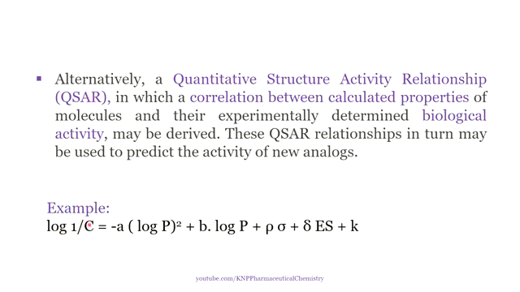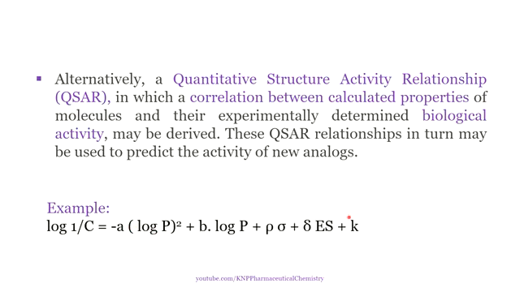For example, log 1/C. In QSAR terms, log 1/C is considered as biological activity. In a few books or videos, it may be described as BA, that is biological activity, and these are the mathematical expressions of the physicochemical properties or descriptors, a function of descriptors.